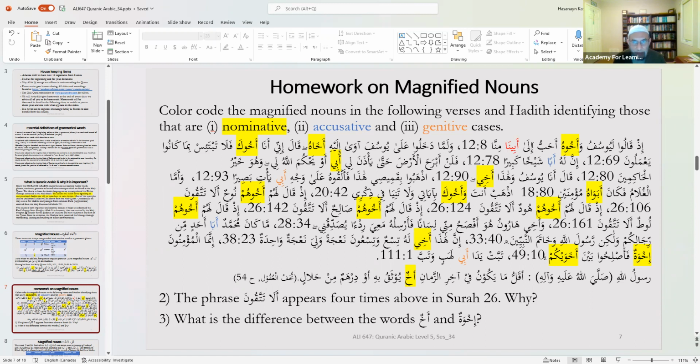Here it is ila abina. Of course, because of ila, it is genitive, abi. Otherwise, if it was not ila, no. So our father, abina. Here abina is genitive because of the preposition ila.